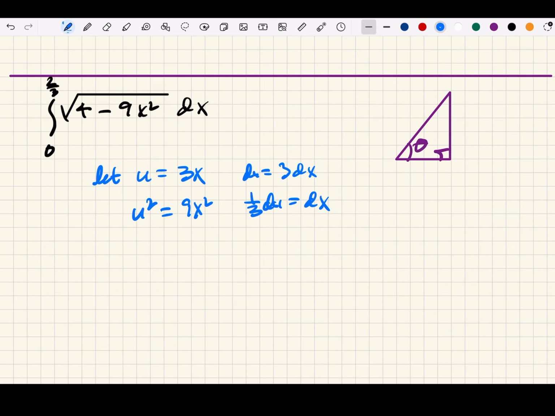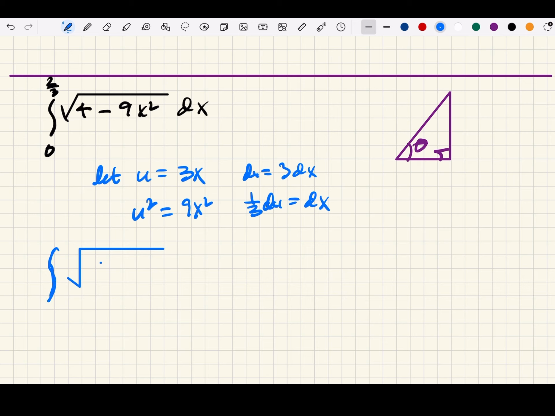Okay, so let's see. If that's the case, let's write it out. I'm going to ignore the limits of integration for right now.